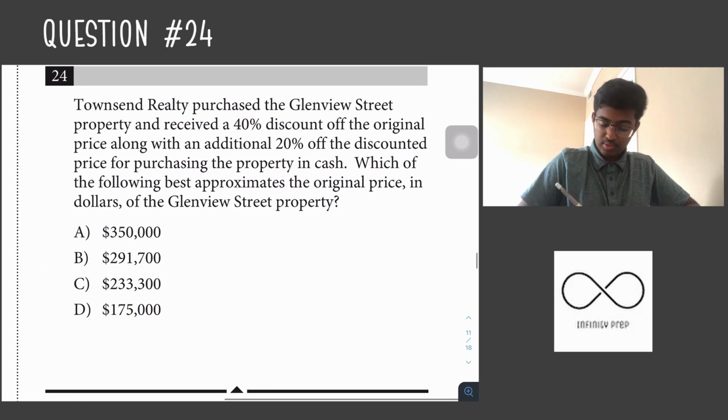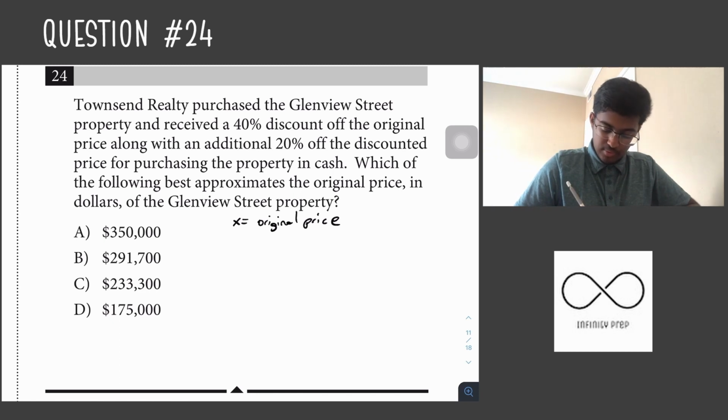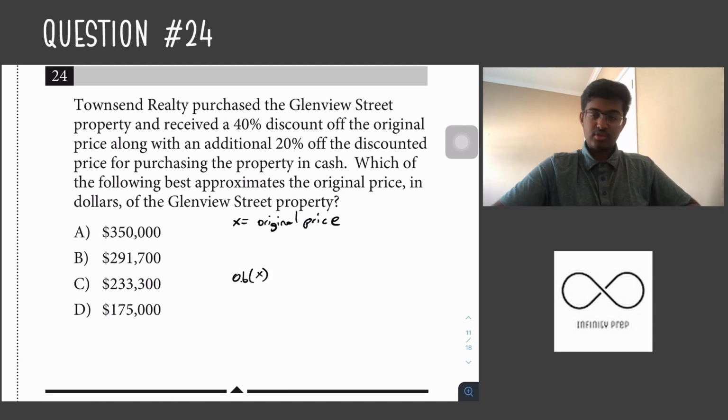So to do this, let's say X is equal to the original price, and any of these answer choices could be the original price. The formula to get the discounted price would be X times 0.6. The 0.6 came from the 40% discount off the original. If 40% was taken off, you would be left with 60%, which is 0.6.